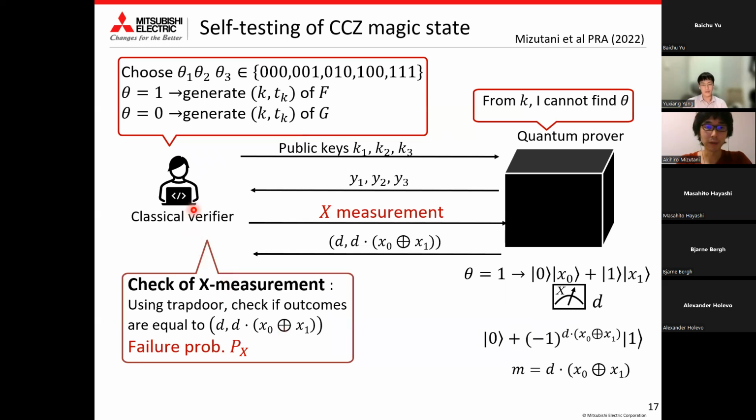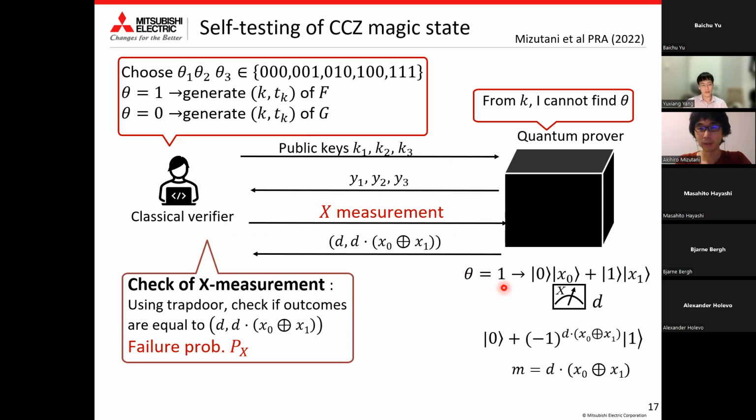And the verifier sometimes requests the prover to perform the X basis measurement. So this X basis measurement check is basically done when the verifier chooses theta equal to 1.